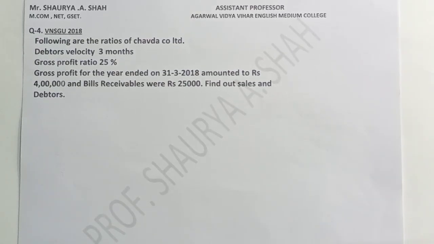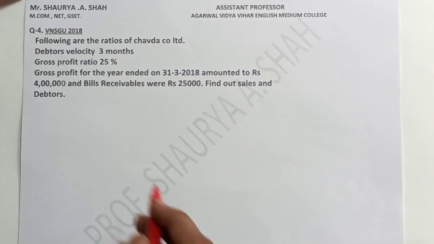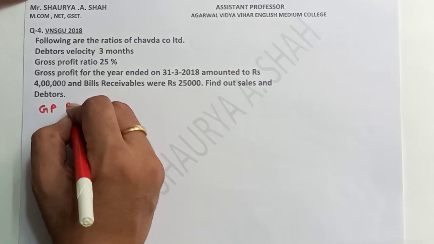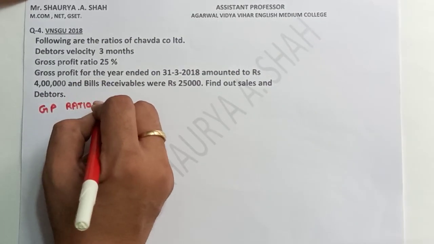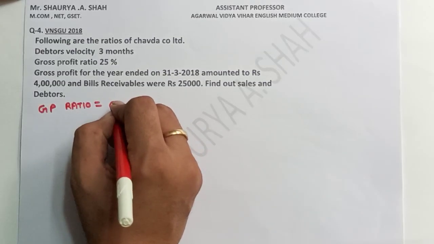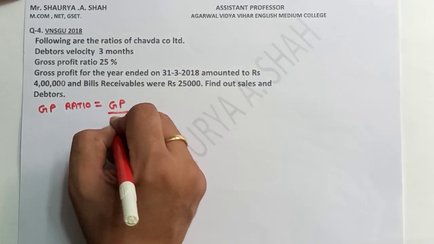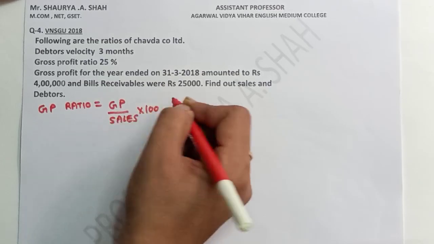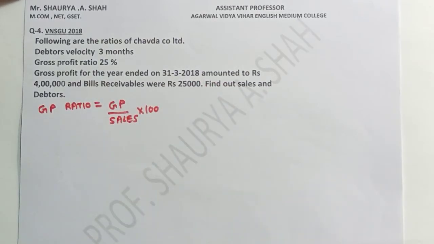Now the very first thing I will start is with GP ratio. GP ratio is equals to gross profit upon sales into 100.